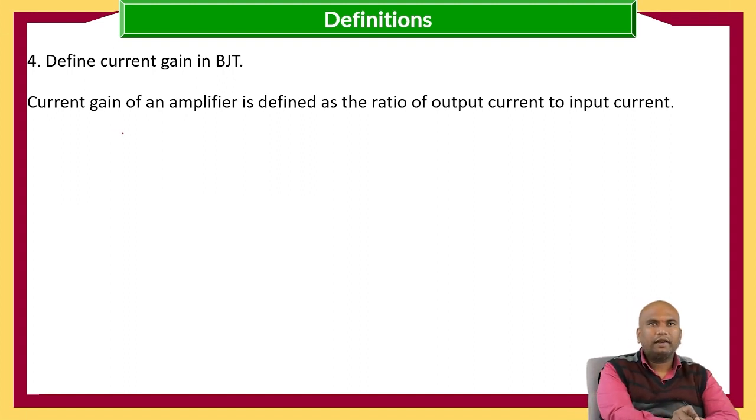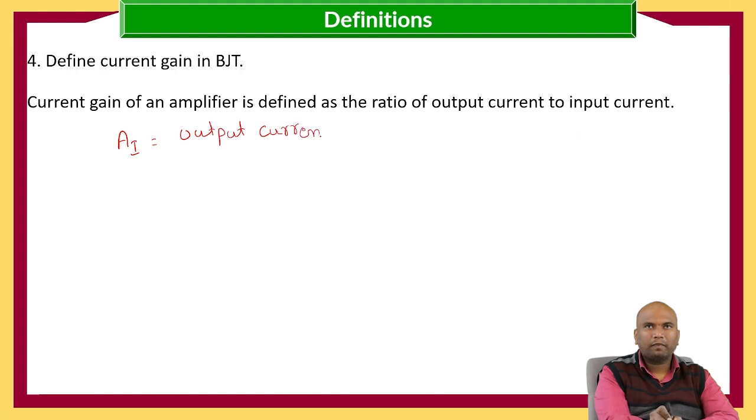Here current gain AI equals output current divided by input current. What is the output current?